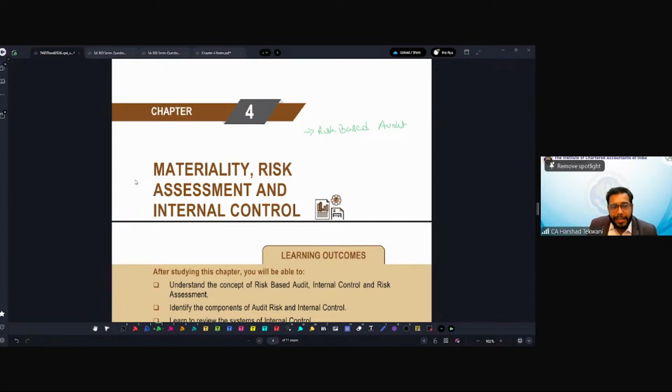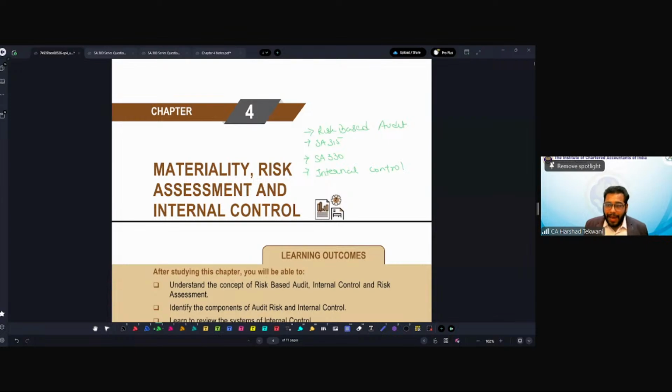We will be doing a deep dive into SA 315 and SA 330. We will understand internal controls, their framework, and over and above that we will understand the components of audit risk and internal control.